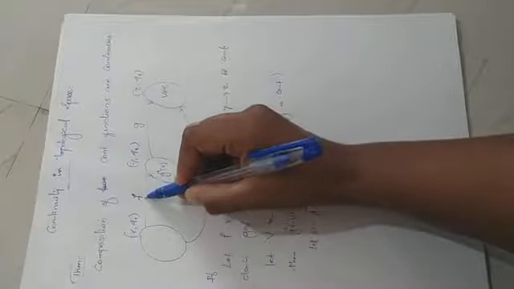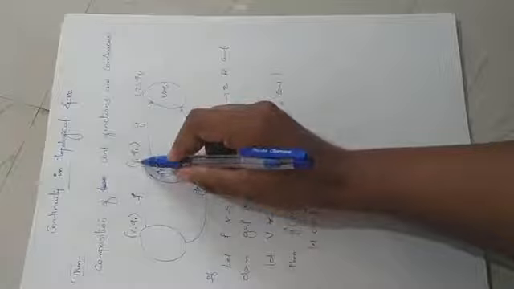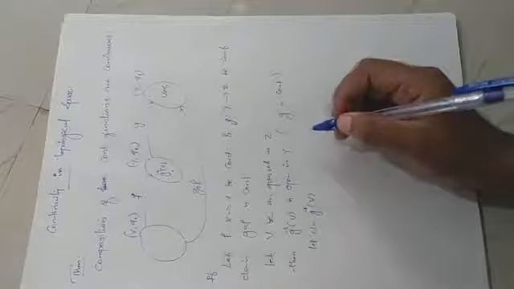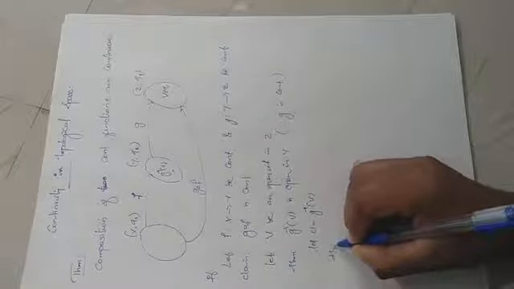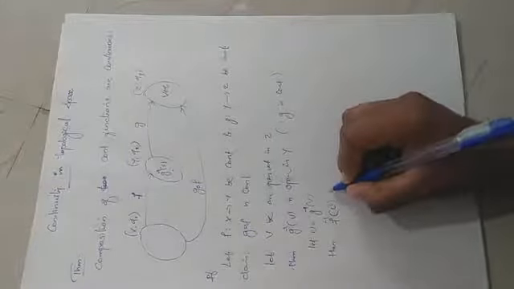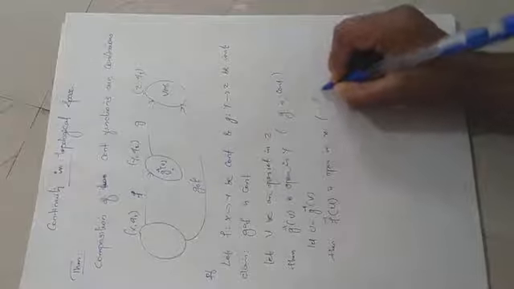Also, f is a continuous mapping. Therefore, the inverse image of every open set in Y will be open in X. So if we take U equal to g inverse of V, then f inverse of U is open in X, since f is continuous.